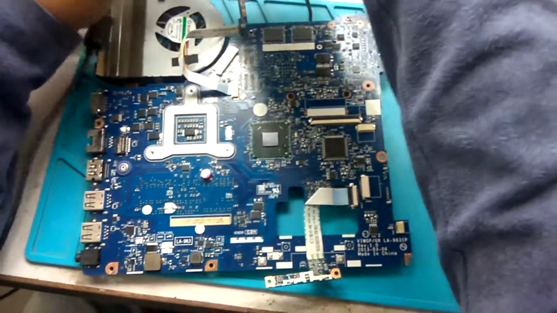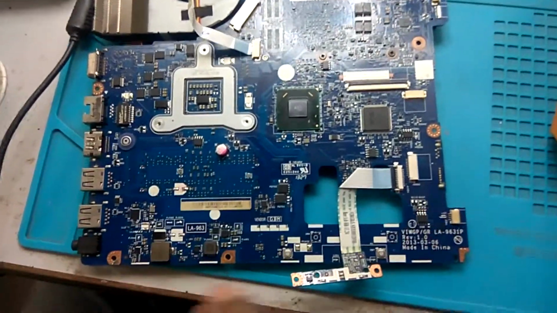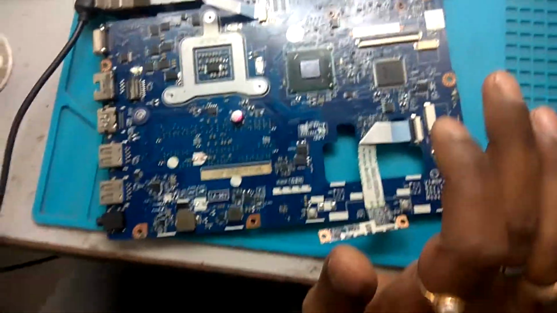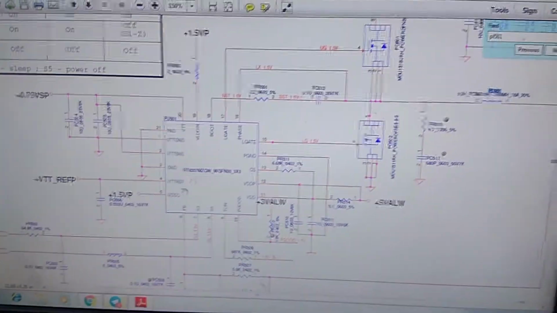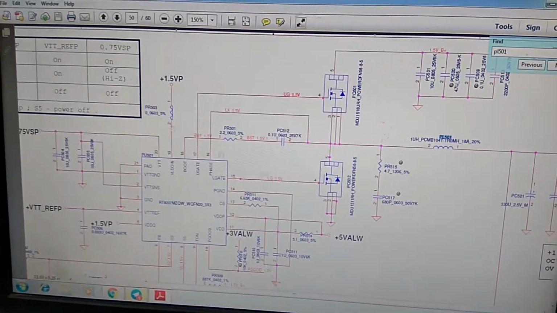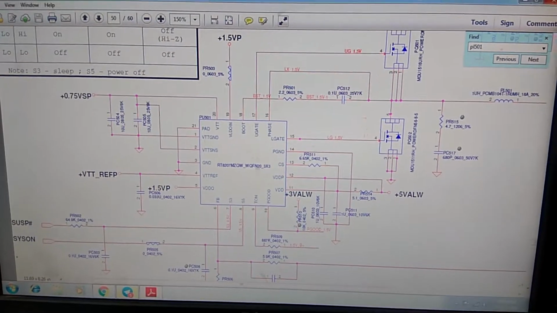Now open the schematic, and its coil number is PL501. You can see here, this is the schematic of this MBD, PL501 RAM coil, and this is the IC.